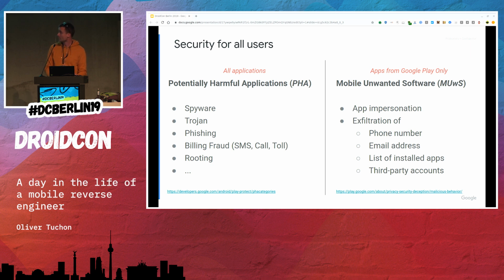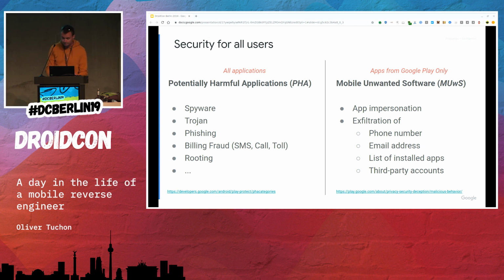We also have phishing applications that try to act like, for example, Facebook or WhatsApp, steal your credentials, and exfiltrate them. We also have billing fraud, applications that are able to send premium SMS, so you will be charged for that. And obviously we have applications that are able to root your phone, which is not allowed. You can see more categories on the website above.